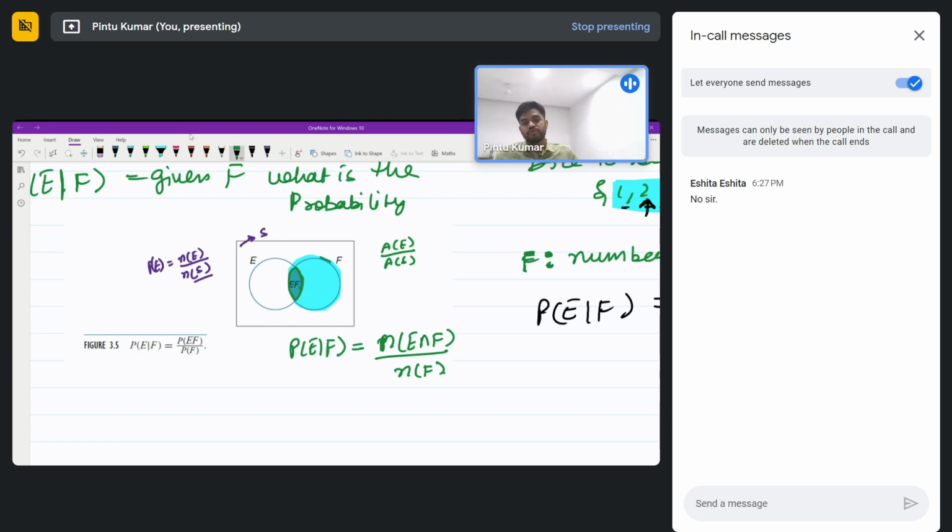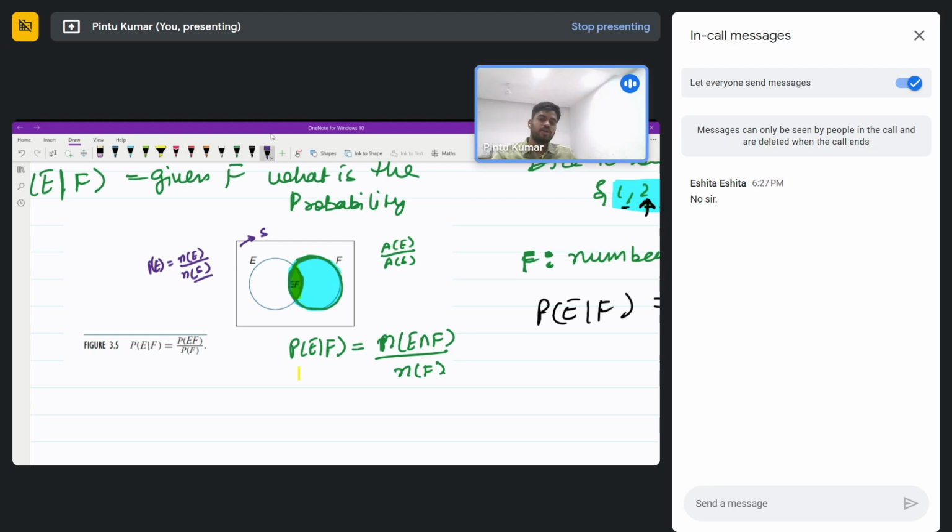Because now your reduced universe is just this much. So you know that F has already occurred, and then you want to find the probability of E. So you just look at this much portion. This is the intersection of your E and F divided by the number of elements in F. This is your formula for the probability of E given F.